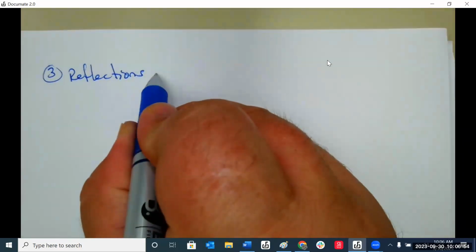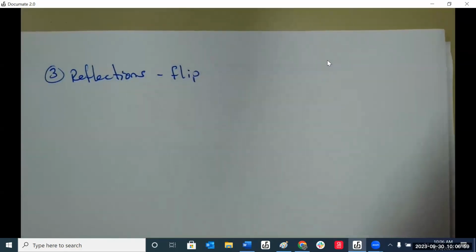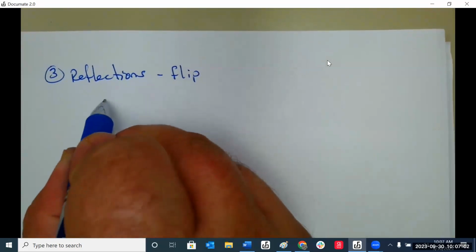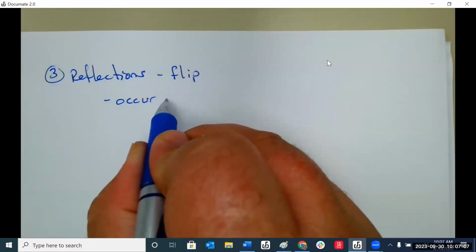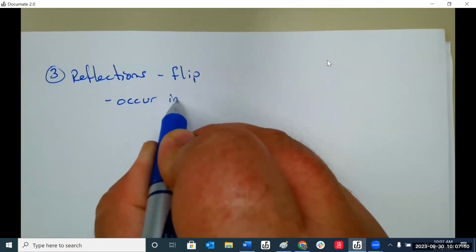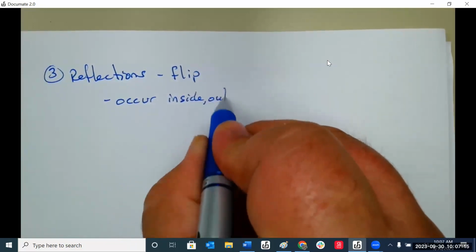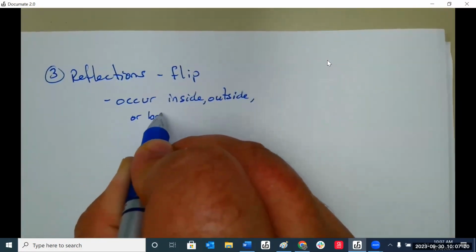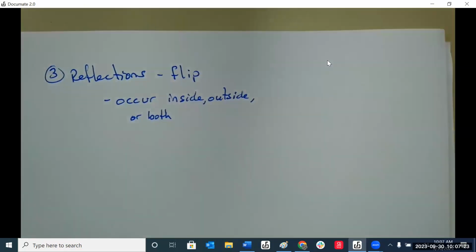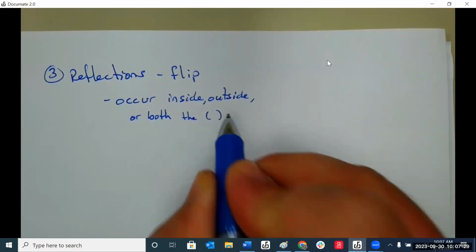Reflections, or flip. Occur inside, outside, or both the parentheses.